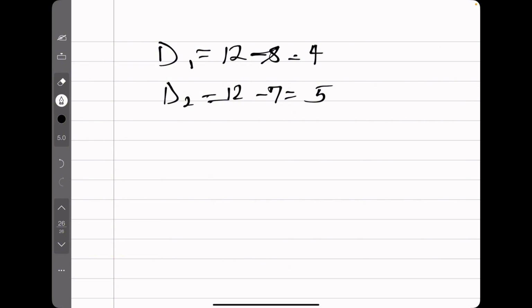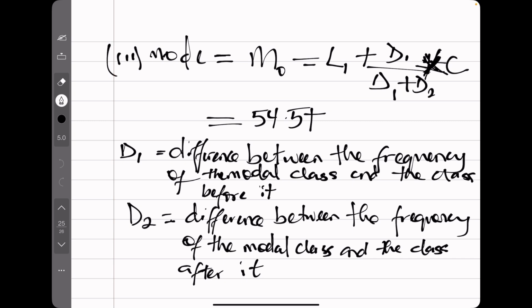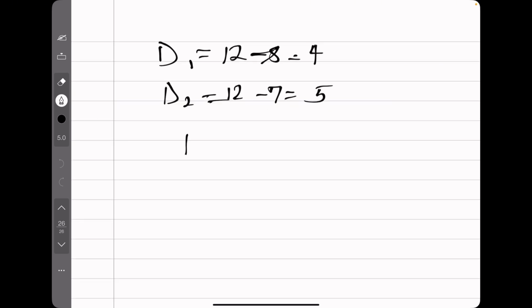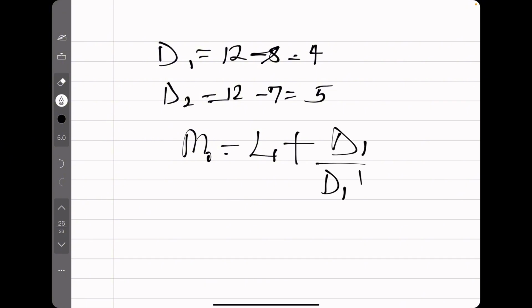So back to our formula, we have mode, MO, equals L1 plus D1 over D1 plus D2, multiplied by C, where C is the class size.